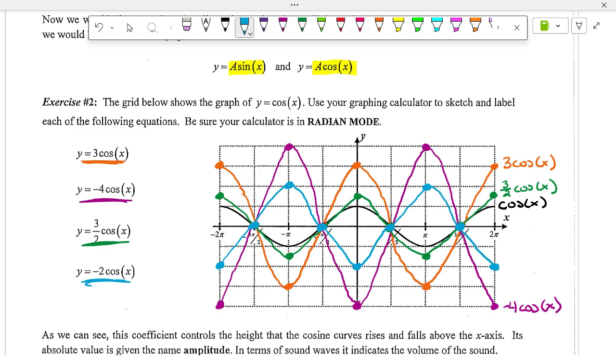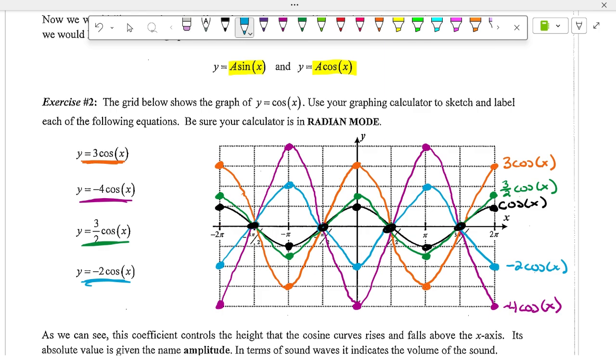So here's my question. I'm going to plot the points of my original. So here's my parent function graph, the black one. That's cosine of x. So I'm just putting the points so you can see where they're at. So this is -2 cosine of x. Look at the original points for cosine of x.